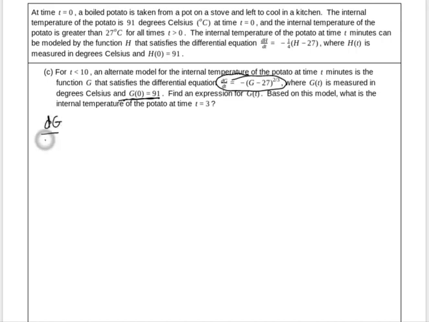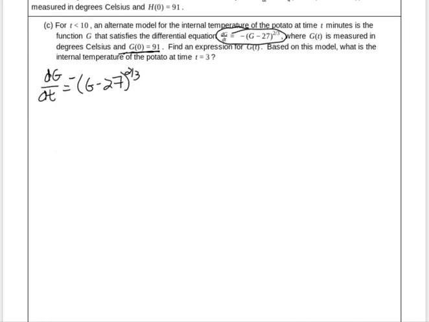So dg/dt is going to equal negative (g minus 27) to the 2/3. So we're going to get dg over (g minus 27) to the 2/3 equals -1 dt.